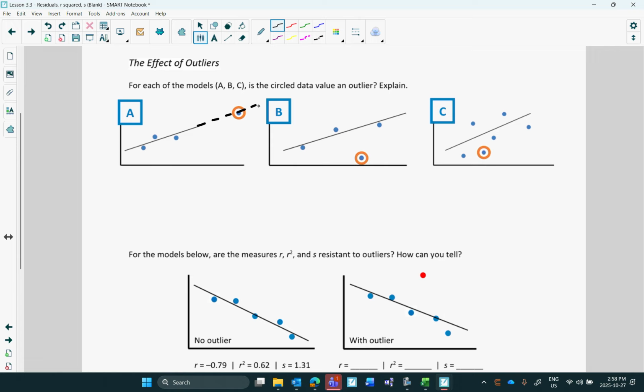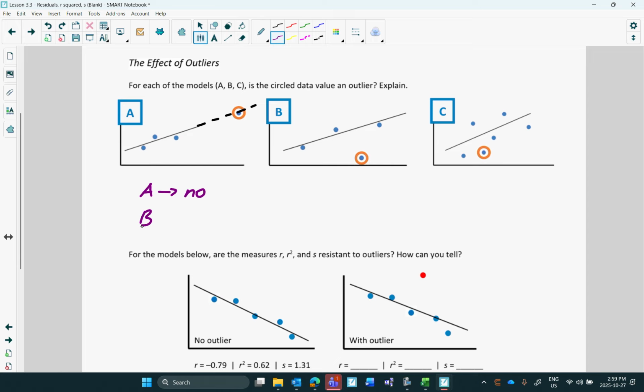Outliers are far away from the line vertically. So B and C, I mean, C, maybe not so much. It's iffy. B, definitely an outlier. So A, no, because if we extended the line, the point would be right on it.